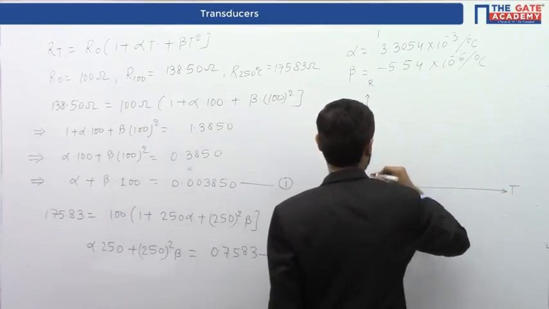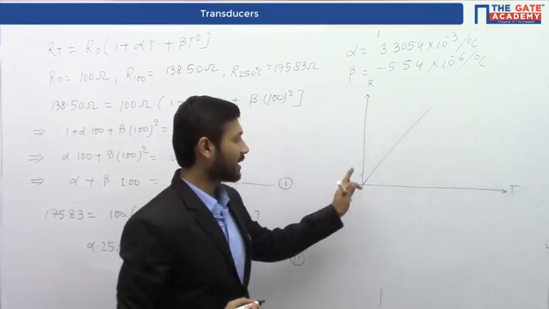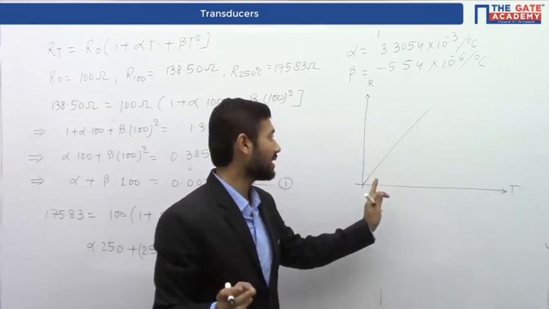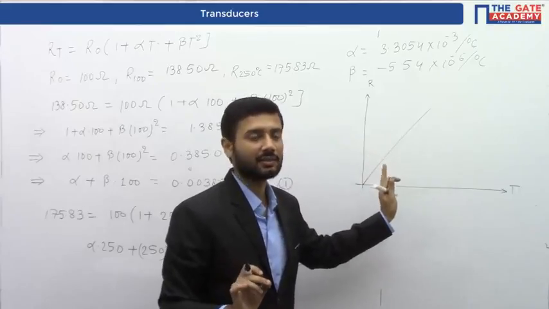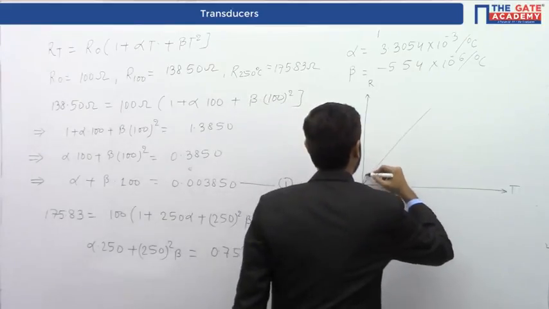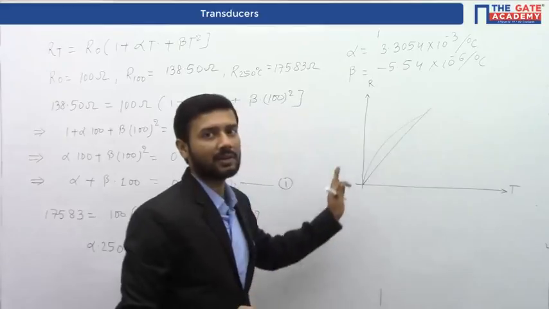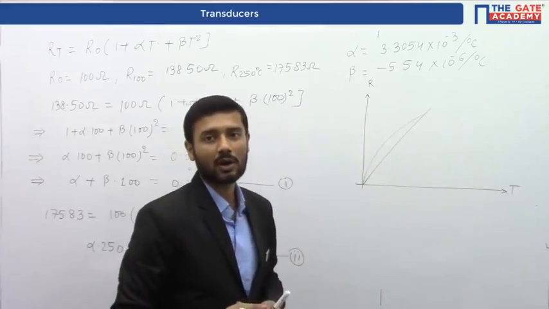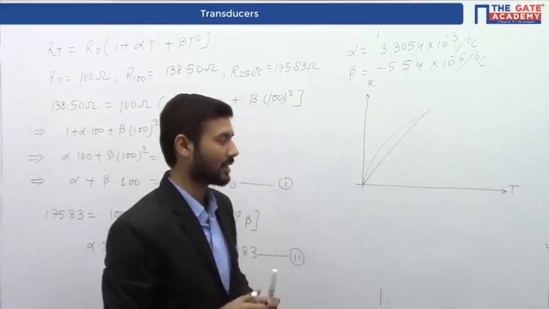Suppose this is the actual resistance versus temperature graph, a straight line. Now this is our given relationship, that is RT equals R naught into 1 plus alpha T plus beta T square.